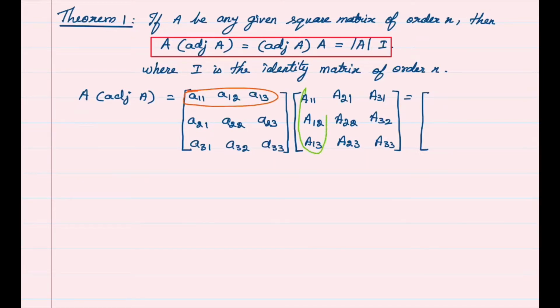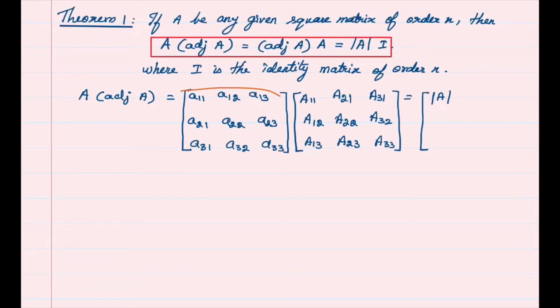The first column elements are the cofactors of the first row elements. We get a11 A11 plus a12 A12 plus a13 A13. So we are multiplying the first row elements with their corresponding cofactors, which will give us the determinant value of A. First row, first column element is determinant of A.